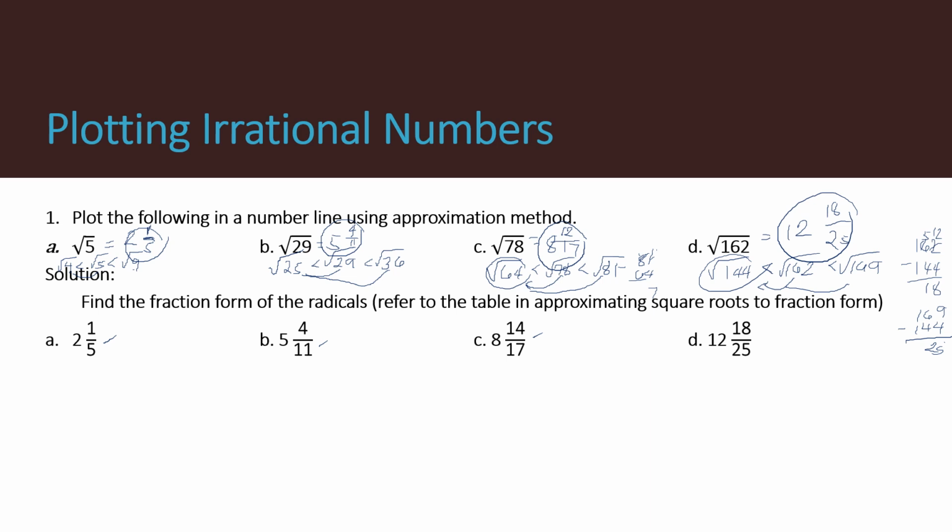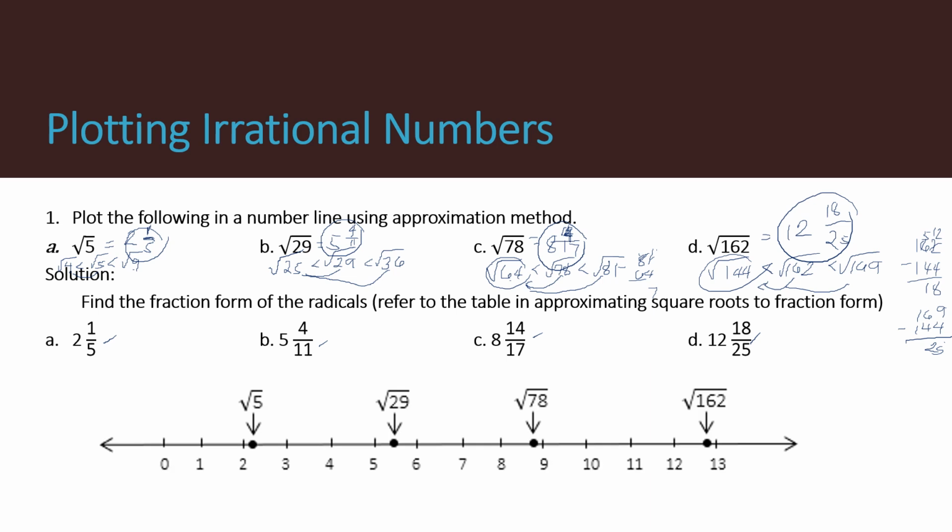Wait, this should be 14 because 78 minus 64 is 14. I'm sorry for that. So again, this should be 14. And then for letter D, the square root of 162 is equal to 12 and 18 over 25. Correct. We can now plot them on the number line.